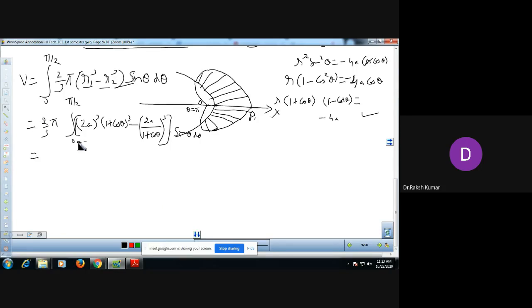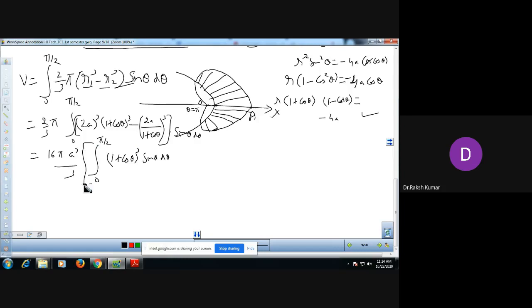Now this is 2a cube, and 2 cube is 8, and 8 twos are 16. Pi a cube is there because this will be common from these two terms, and this is 0 to pi by 2, of (1 plus cos theta) whole cube into sine theta d theta.